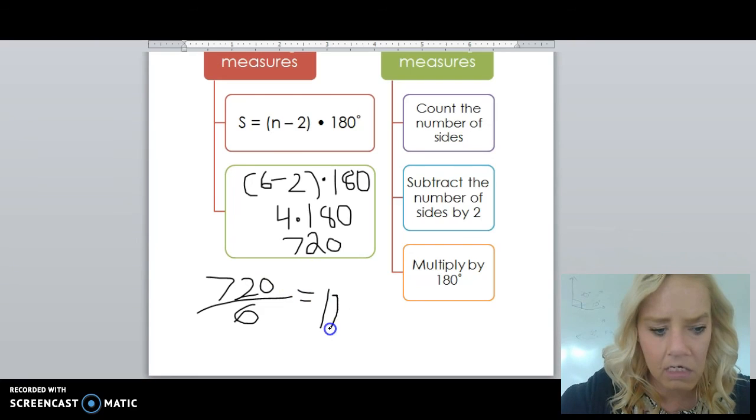So that means each angle is 120 degrees. This is kind of just a little add-on for your information, but I'm really going to be kind of looking at the sum of the angles.